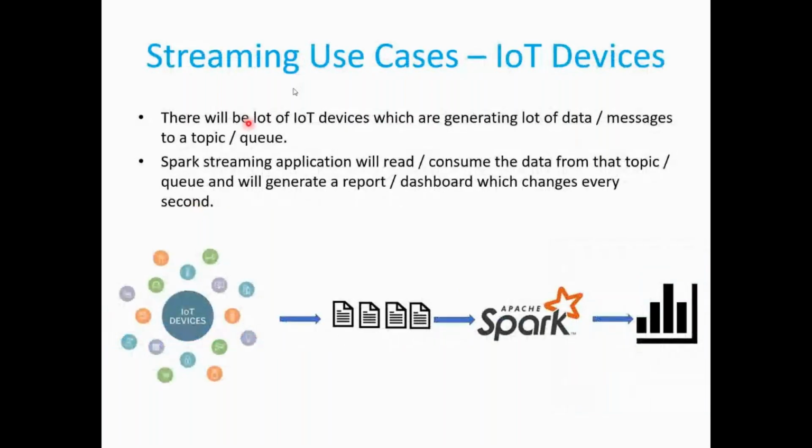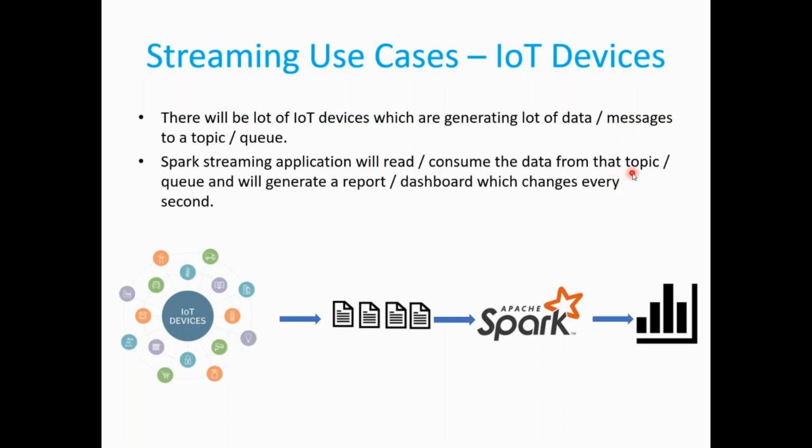Another very interesting use case that is very hot in the market these days is IoT devices. IoT basically stands for Internet of Things. In any industrial plant, you might have seen some IoT sensors getting installed, right? Each of those IoT devices will be generating a huge amount of data or messages. All that data, we are going to read by using Kafka.